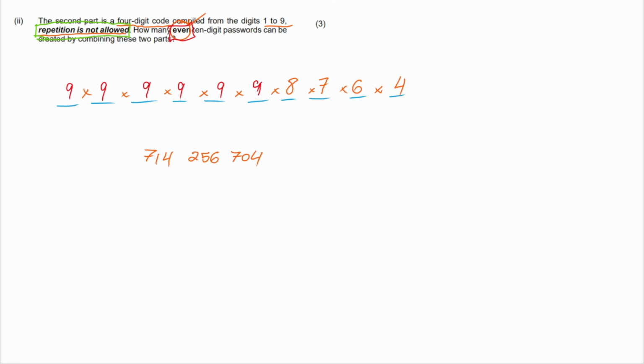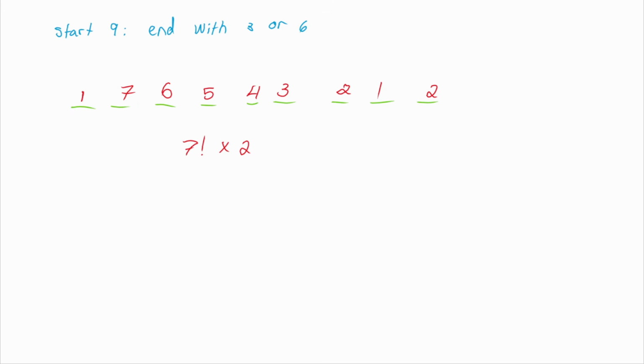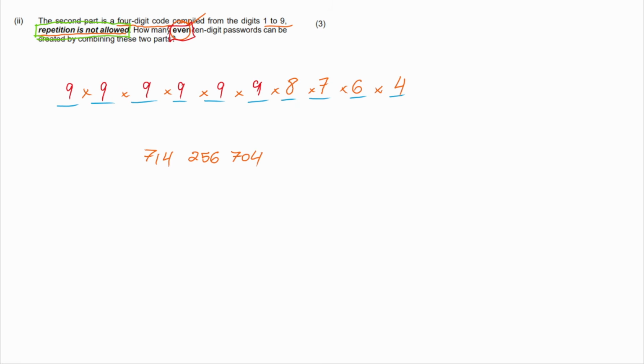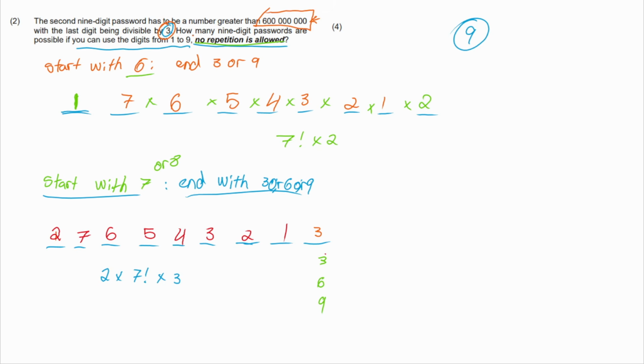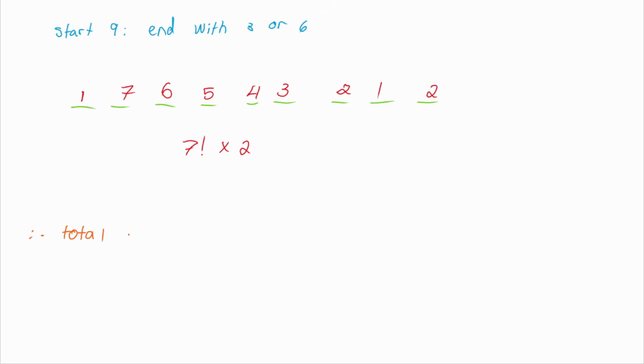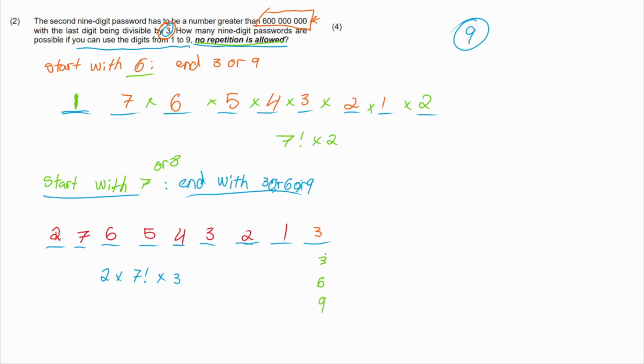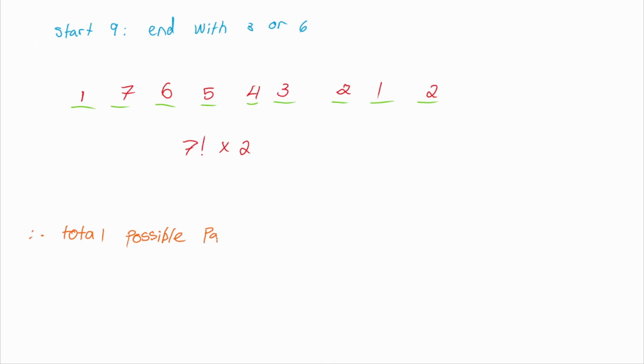So you can say therefore, let's make sure we're answering the question. You can say therefore total possible combinations, total possible codes, total possible passwords is, and then we're going to show how we're adding everything.